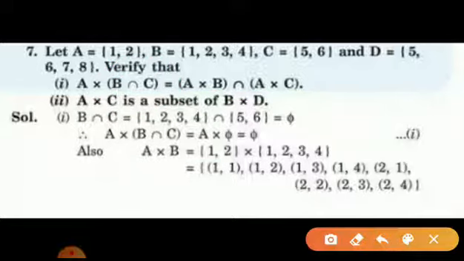We need B intersection C. Check whether there is any common element in B and C. No. Hence B intersection C is an empty set.